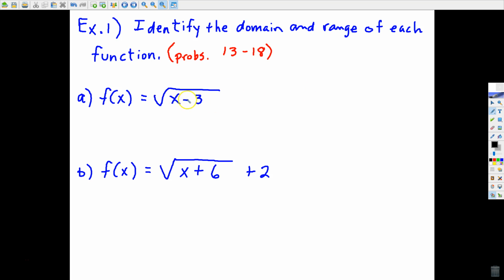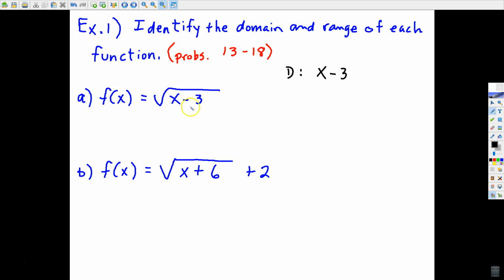Well, just keep in mind, if you're not looking at a graph, what you have to remember that must be avoided: we cannot have the square root of a negative number. So whatever we allow x to be, which is another word for domain, it has to prevent showing a negative number under the radical. And if you're not sure what that is, you can always find the domain for these square root functions by taking the part that's under the radical. Notice I just pulled out x minus 3.